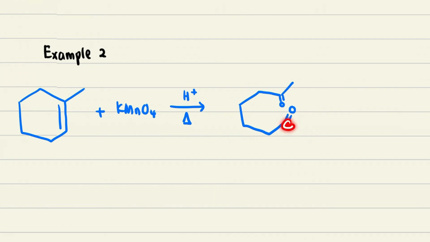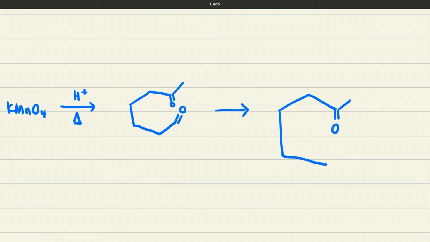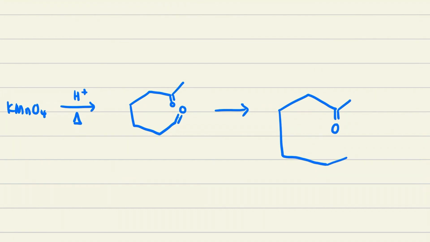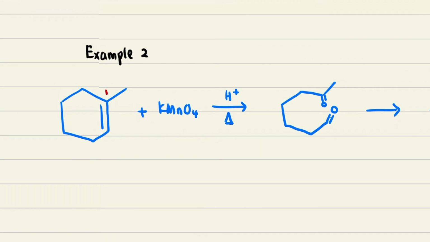But this one can be oxidized. This is an aldehyde. An aldehyde can be oxidized to carboxylic acid. We learned that earlier, so let's draw it. Our product is, I'll draw it a bit bigger. This still remains as ketone, while the other one is C double bond O, OH. I know it looks a bit ugly, but the tip is that you maintain your number of carbons. 1, 2, 3, 4, 5, 6.